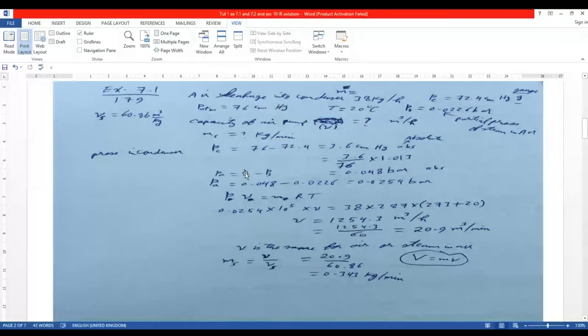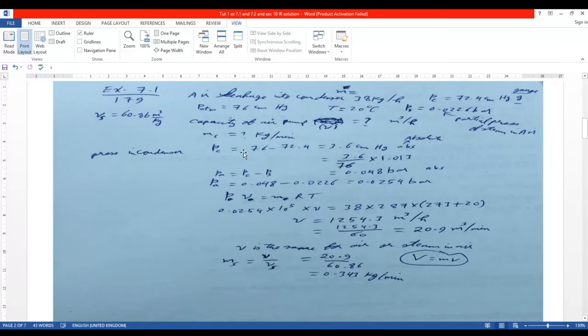So we need to find PC, the absolute pressure in the condenser, not the gauge pressure. So we have to find the absolute, because these are the absolute values. So PC, absolute pressure, equals the atmospheric pressure or barometer, which is 76 given, minus the gauge pressure, vacuum pressure, which is 72.4 centimeter, equal 3.6 centimeter Hg mercury.